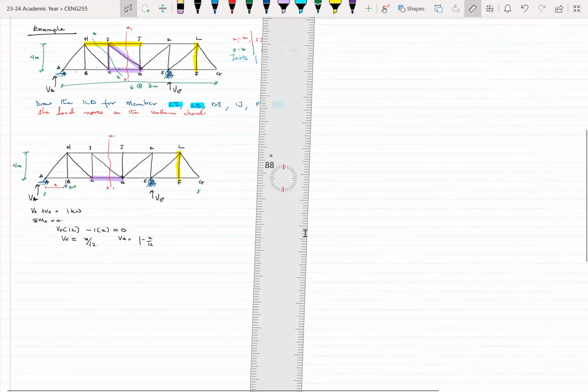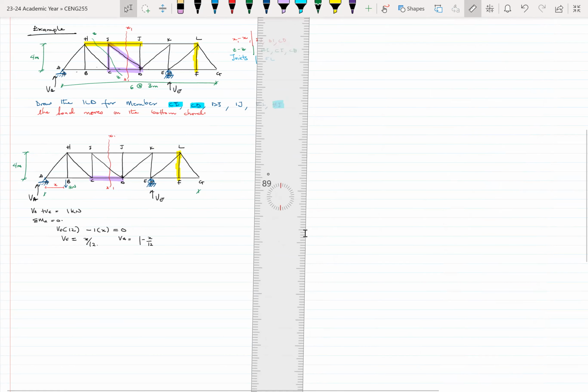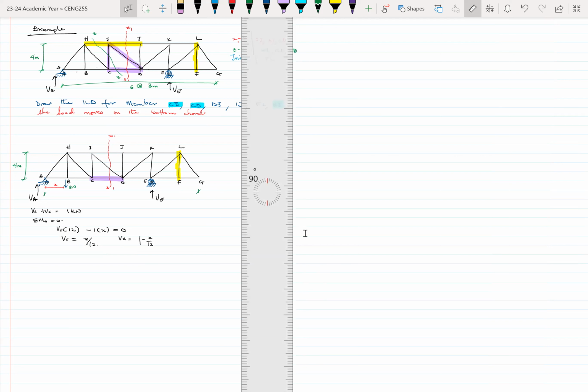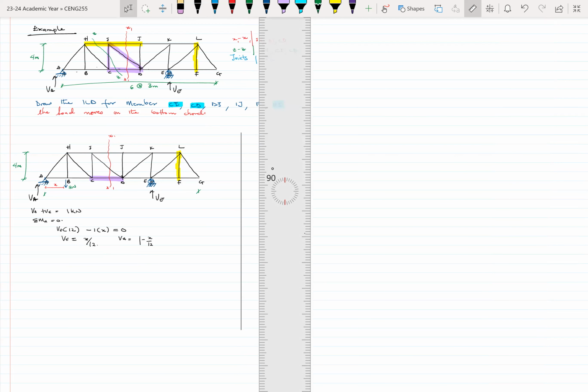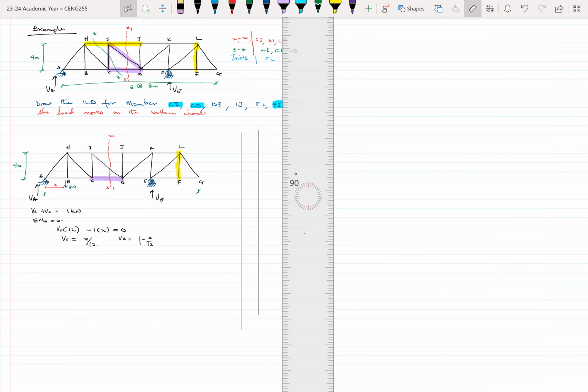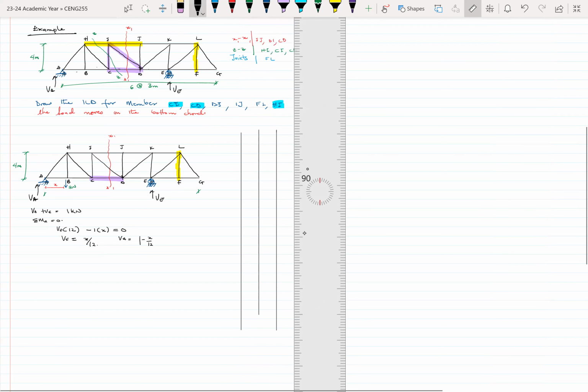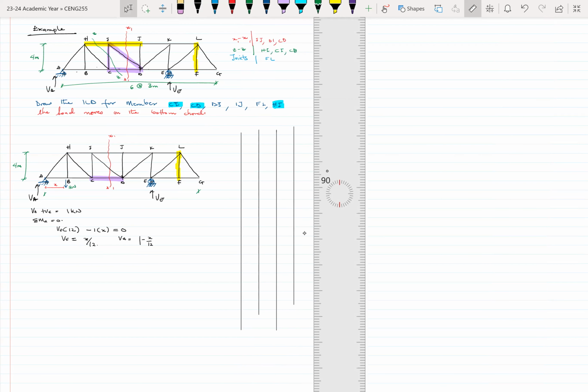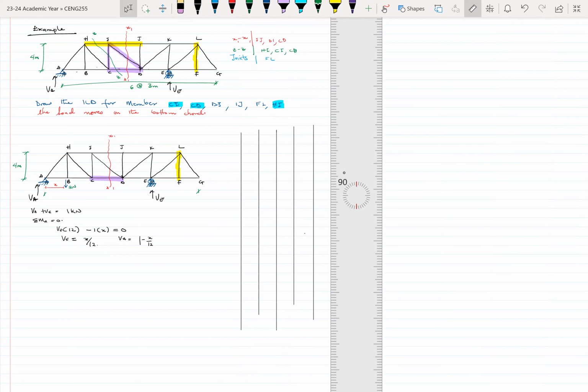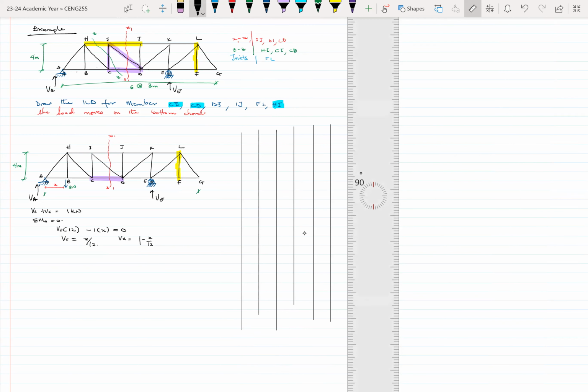Let me just use this to draw the table. Hopefully I don't overdraw. I'm going to need more lines. So I'll stop when I need to.